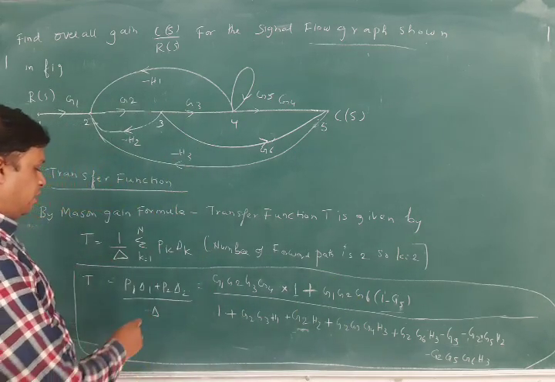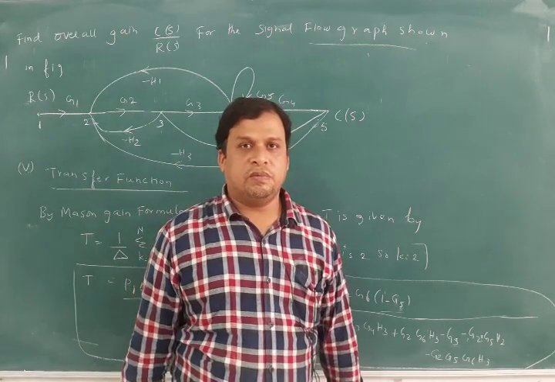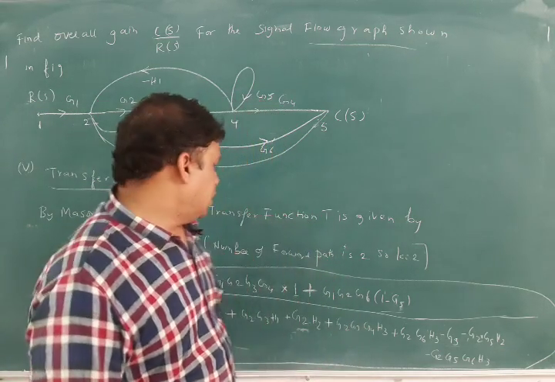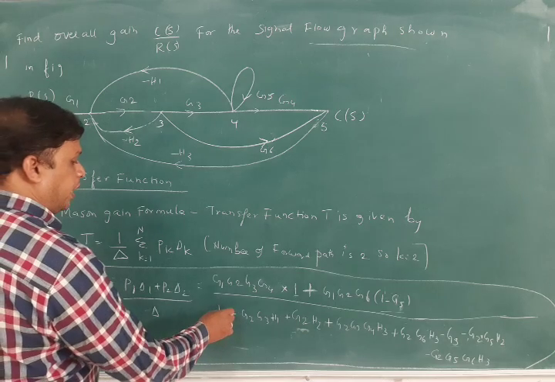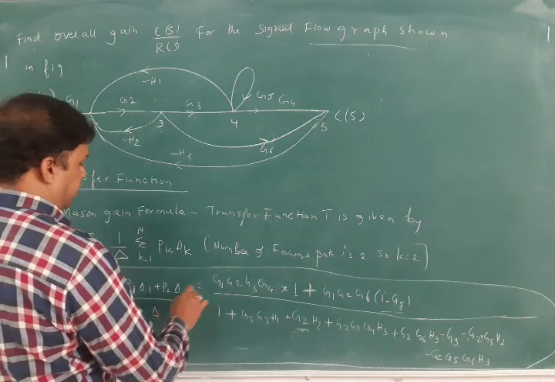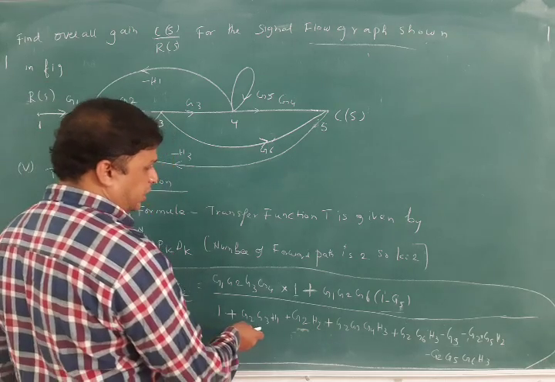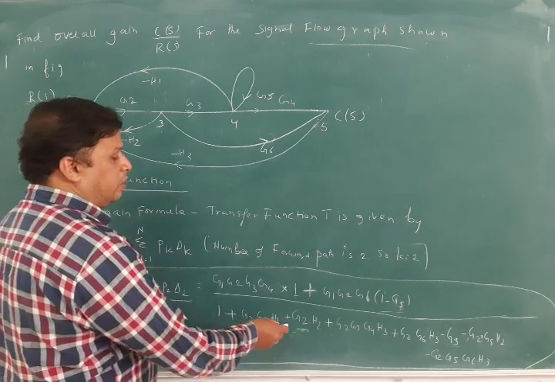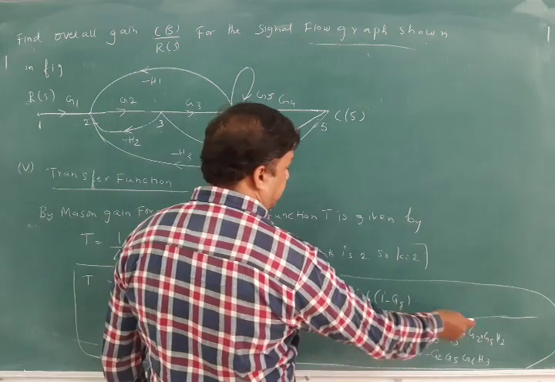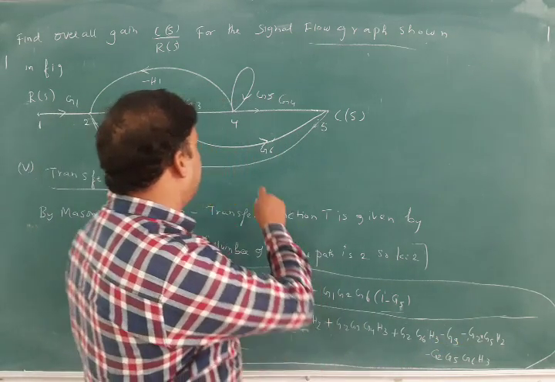What is delta? We have written the formula for it: 1 minus the sum of the loop gains, plus the sum of the gain products of the non-touching loops, and so on. Whatever delta value we got, we write here carefully with all the steps. After writing all these steps, we get the transfer function for the given signal flow graph.